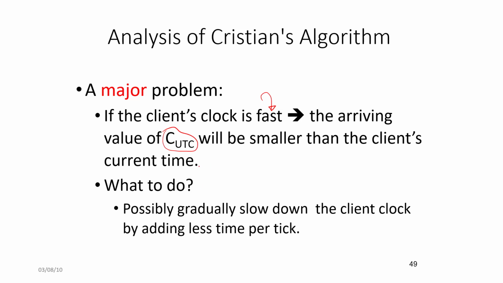So the only practical option without making time flow backward is to gradually slow down the client clock by adding less time per tick. In the sense, let's say after 5 seconds, we don't add 5 seconds, but we add 4 seconds. So this is one way of making up without actually making time flow backwards.